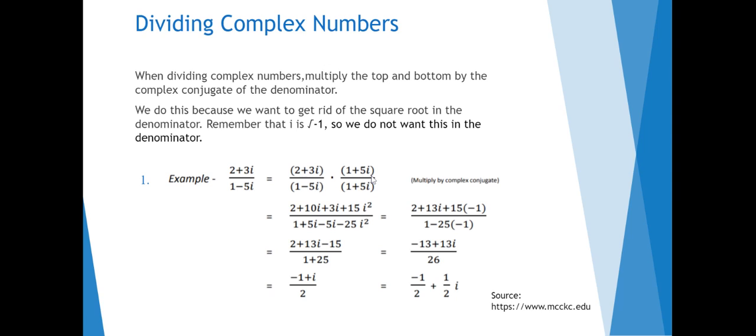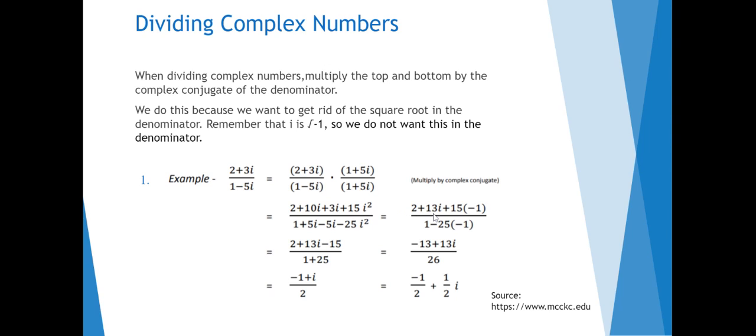And the last term, 3i times 5i is 15i squared. Over, and now we multiply the bottom terms: 1 times 1 is 1. 1 times 5i is 5i. Negative 5i times 1 is negative 5i. And negative 5i times 5i is negative 25i squared.